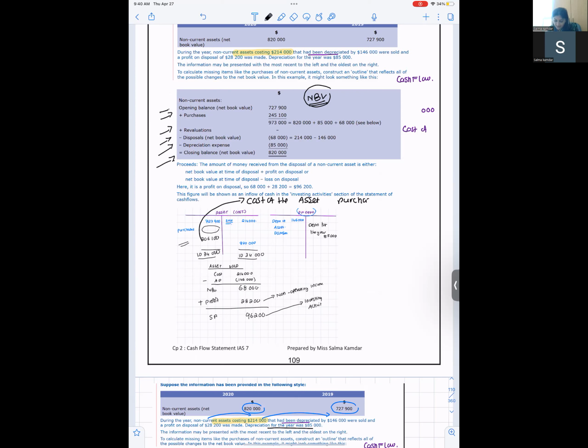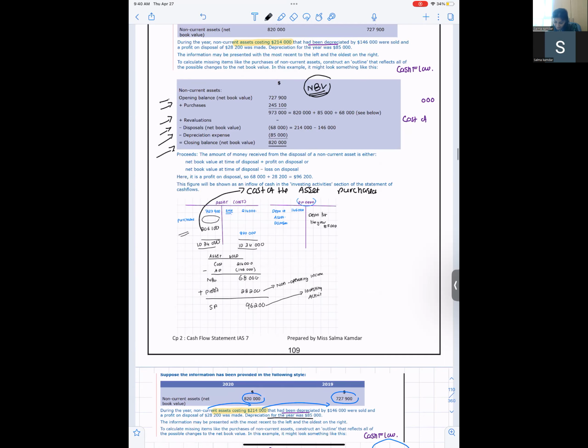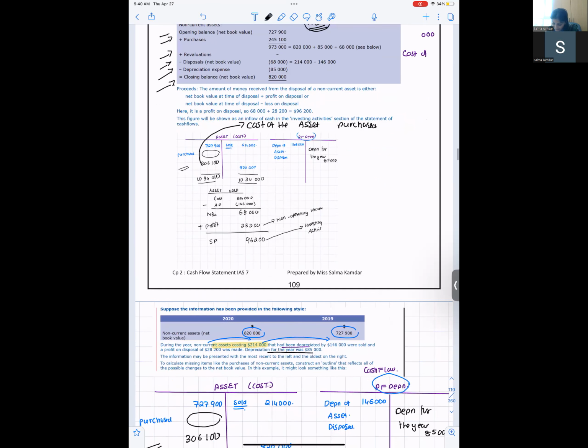So these are some things that you should remember related to the non-current asset. Now I want you to write how will you calculate selling price with the help of net book value if you have a profit on disposal, and how will you calculate selling price with the help of net book value if you have a loss on disposal?